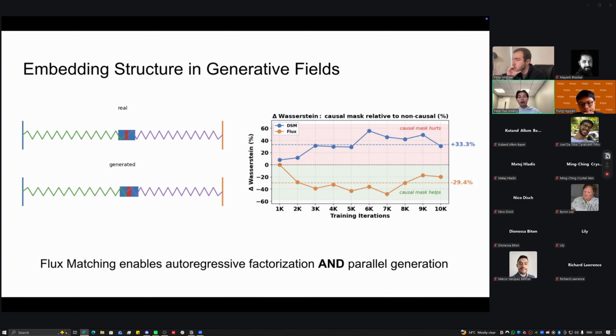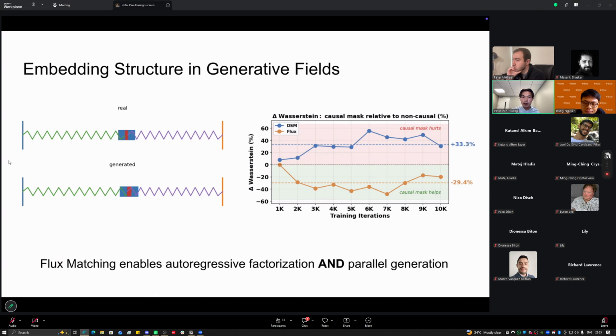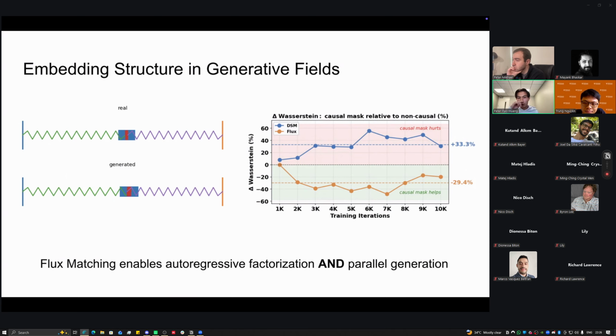So I think the main point to take away here is we're able to enforce structure or inductive biases within our generation process, for example, autoregressive causality between variables or between time points, while doing simultaneous parallel generation, which is one of the great parts about diffusion models. We're able to generate all dimensions or all variables simultaneously. So I think that's actually one of the cool parts about flux matching. With flux matching, we can incorporate structure or directed dependencies between variables while doing simultaneous generation.